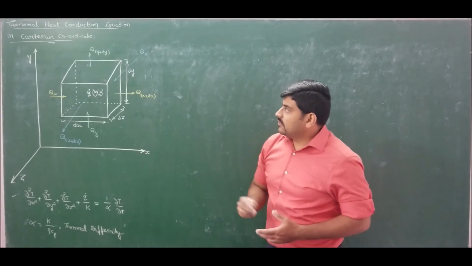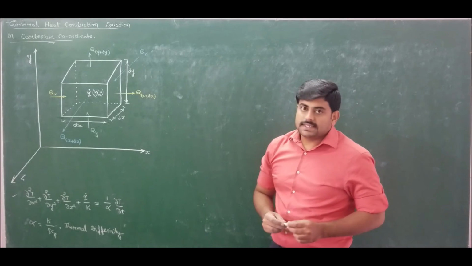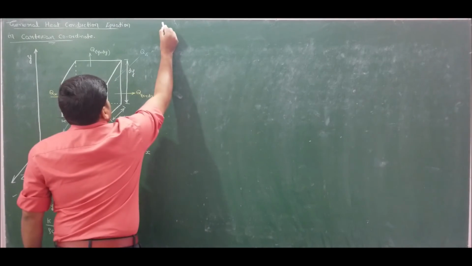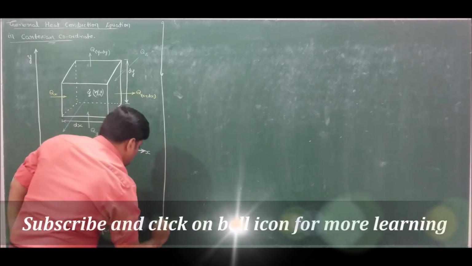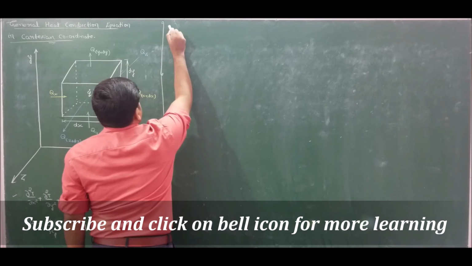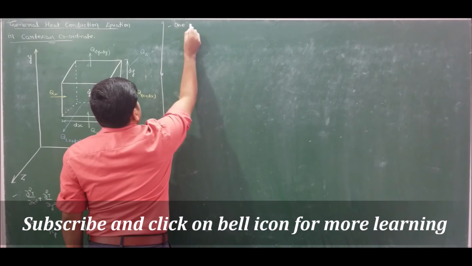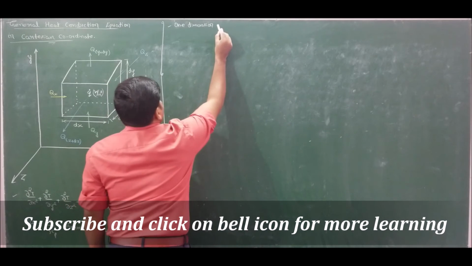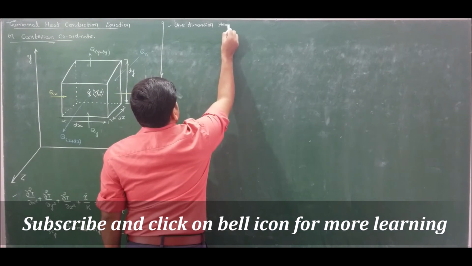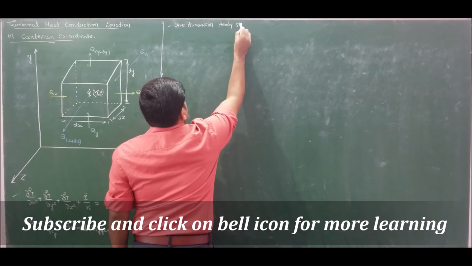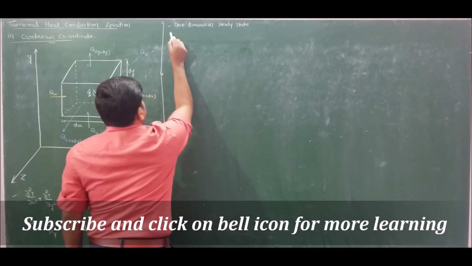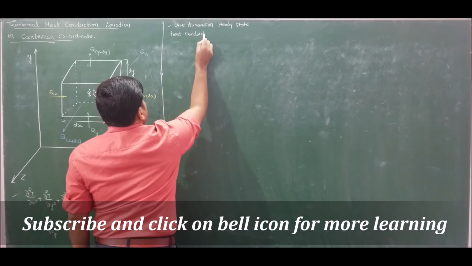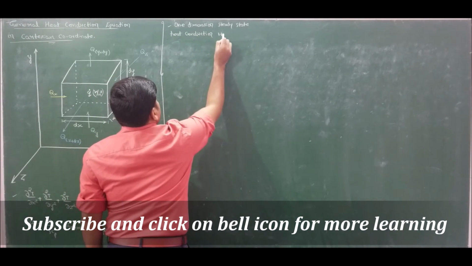Now moving ahead, for one dimension steady state without internal heat generation heat conduction equation analysis through a plane wall, we have the next topic, that is one dimension steady state heat conduction without internal heat generation.